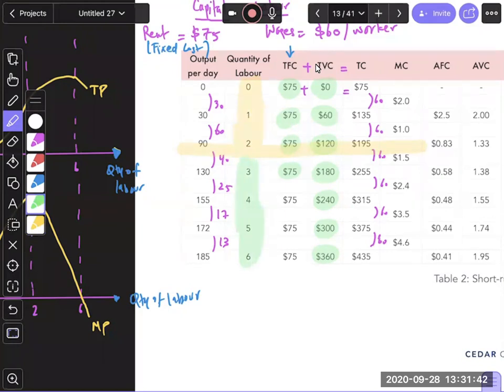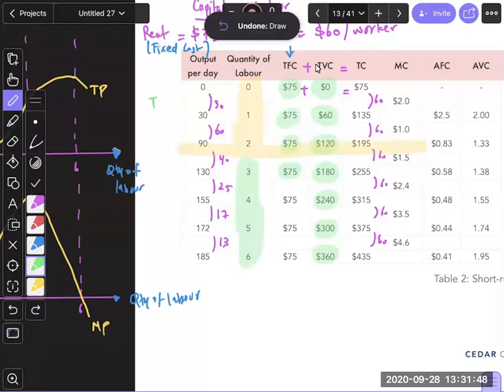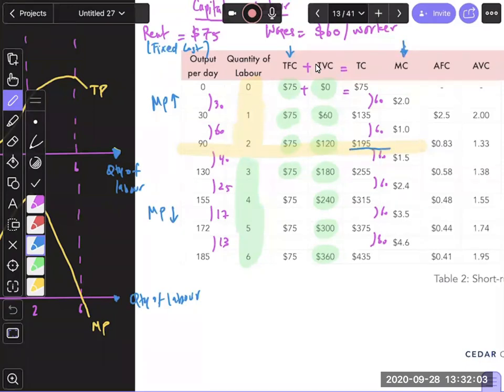In other words, let's stick with MP to make it short: MP was rising, and then onward MP is falling. But look at this, guys. There is this marginal cost, and I want to talk about it. What is marginal cost? We'll talk about it in 1 minute.